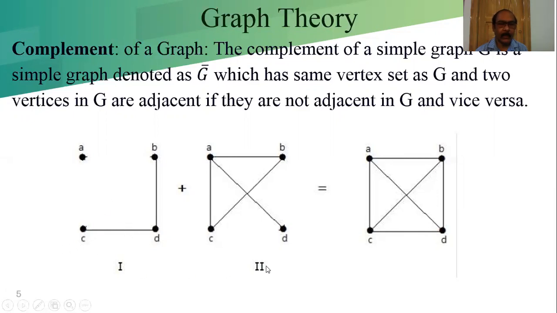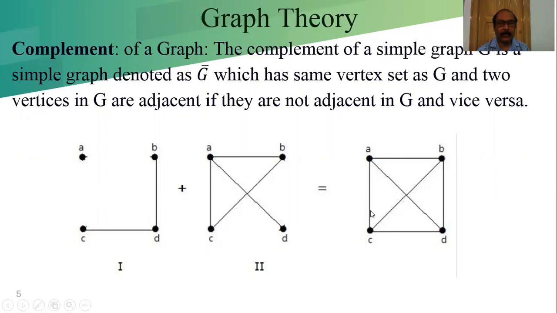If we check G1 and G2, both have the same number of vertices. Vertices adjacent in G1 are not adjacent in G2, and vertices not adjacent in G1 are adjacent in G2. If we take the union of these two, we get the complete graph.